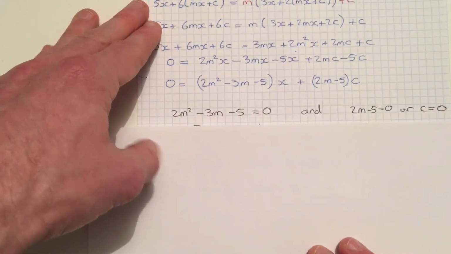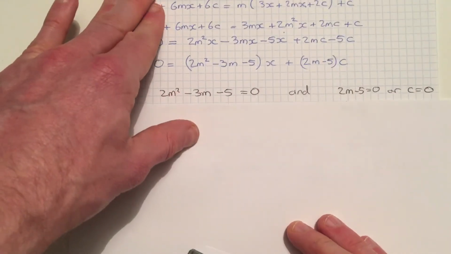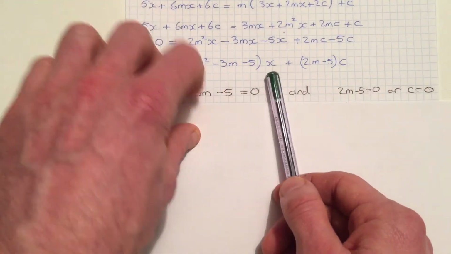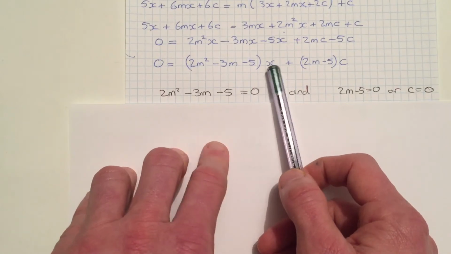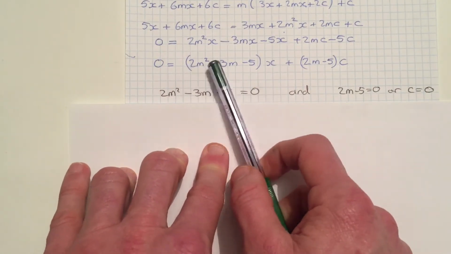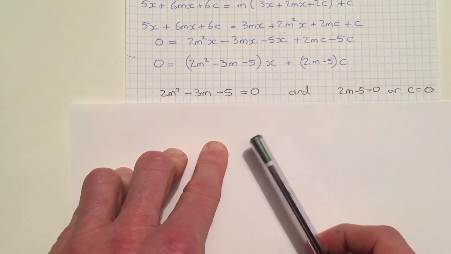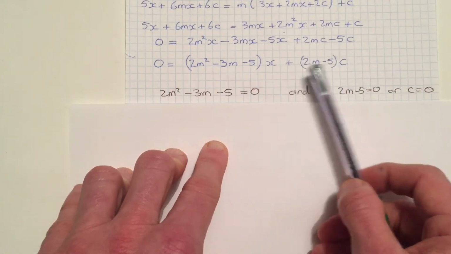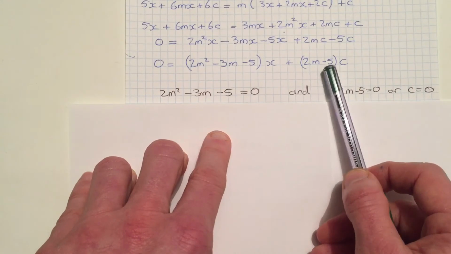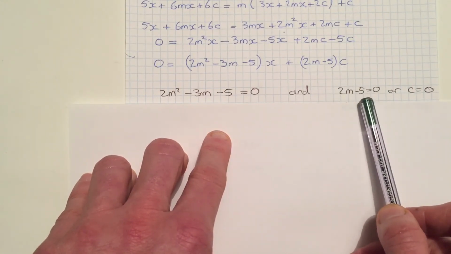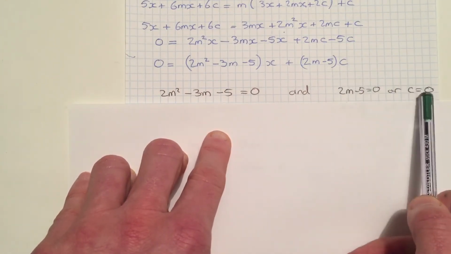Like I said, we're talking generally here. I'm not talking about specific values of x. This needs to work for all x's. So that means that this bit has to equal 0, and this bit has to equal 0. This bit over here could equal 0 when the 2m minus 5 equals 0, or when the c equals 0.